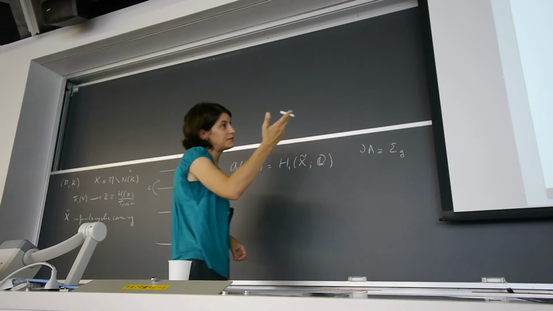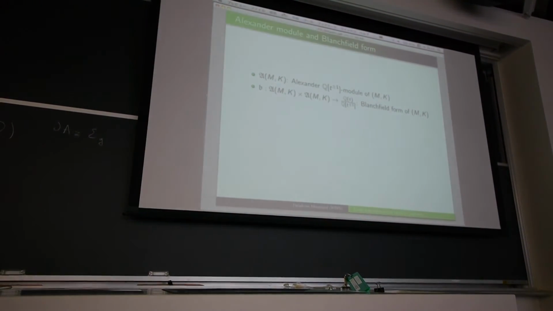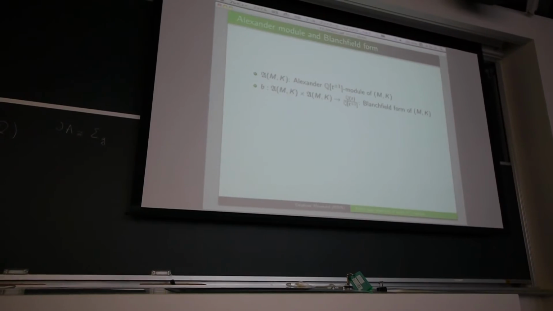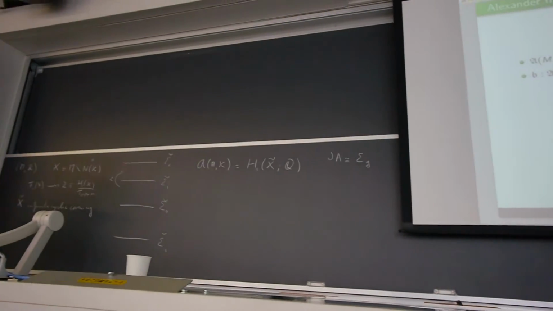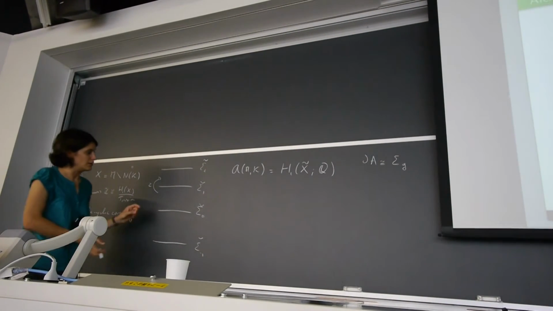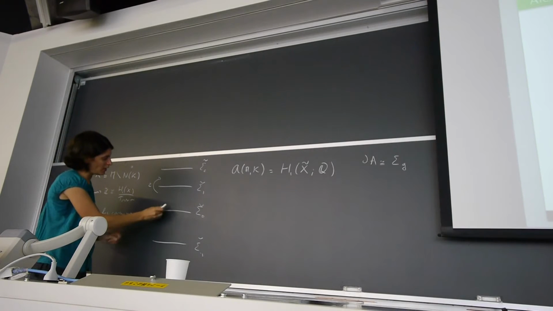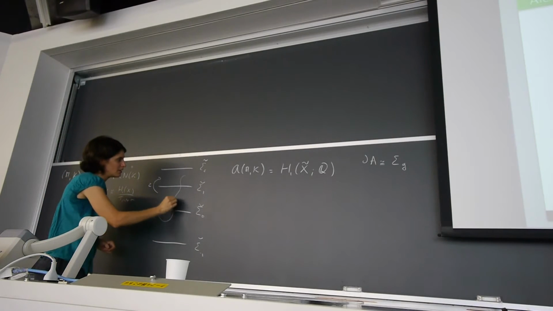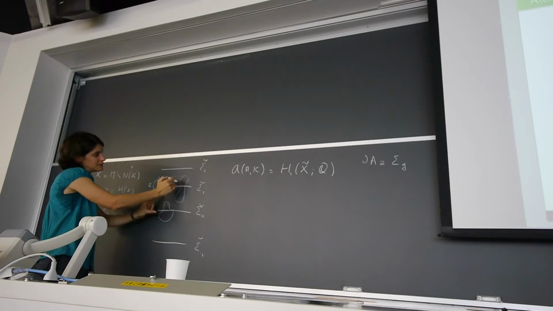And the Blanchfield form of the pair is a linking pairing defined on this infinite cyclic covering, on the Alexander module, with equivariance. So it's a pairing where, given two closed curves, we consider the linking of one curve with all the translates of the other one.